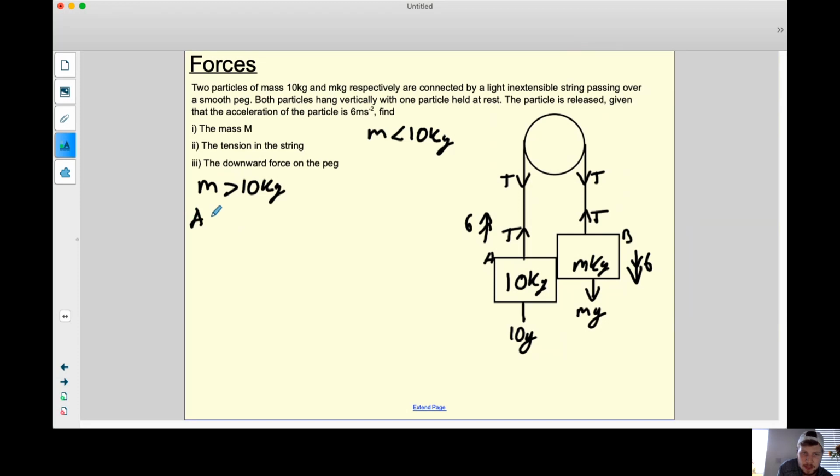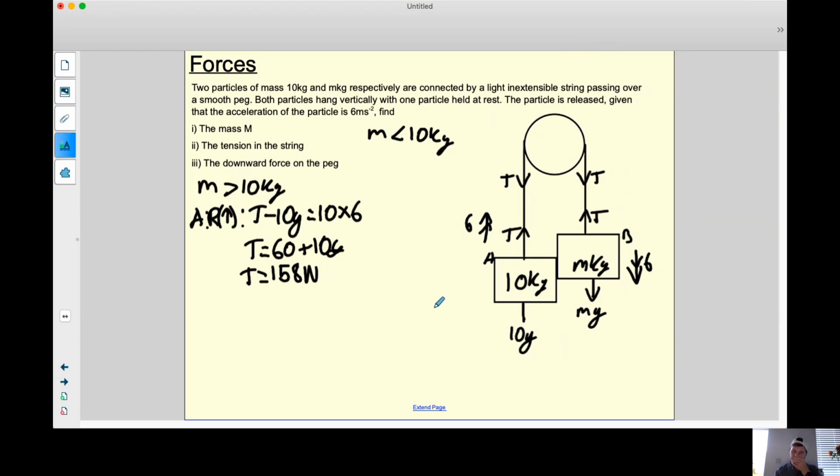For A, I resolve vertically going up, and I get my tension, take away my 10g, equals my mass times the acceleration, 10 times 6. So my tension is 60 add 10g, which works out to be 158 newtons. So my tension is 158 newtons.